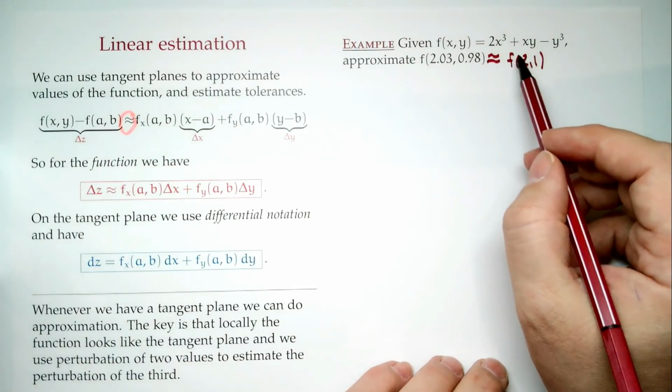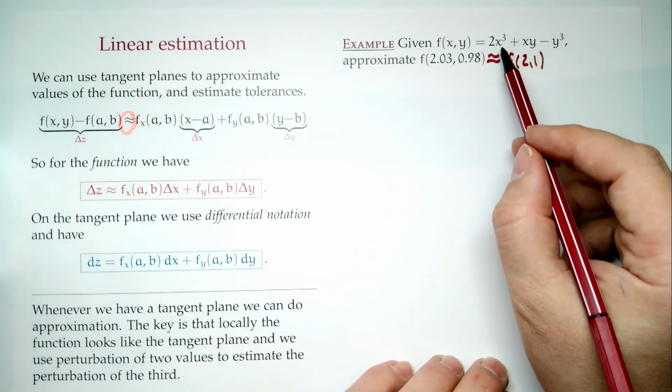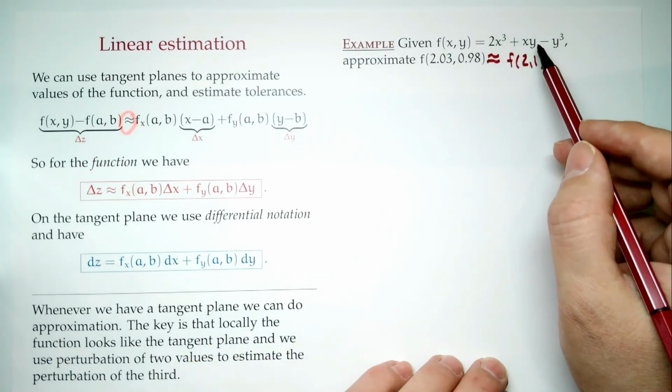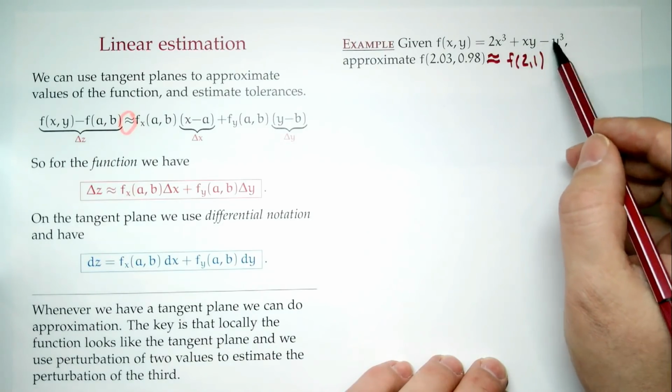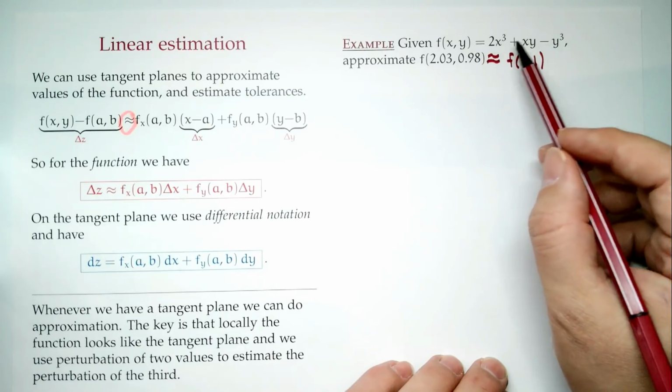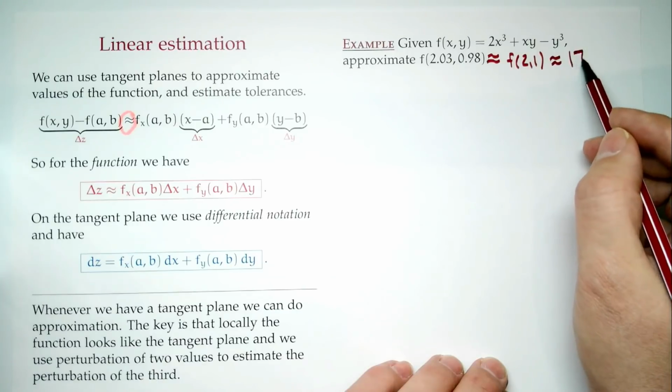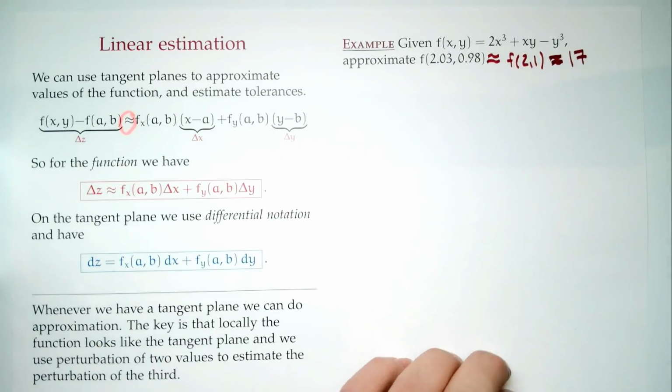So for instance, 2 times 2 cubed, well, 2 cubed is 8, times 2 would be 16, plus 2 times 1 would be another 2 added onto that, and then 1 cubed is 1. 16 plus 2 minus 1 would be 17. I should say that is f of 2, 1.